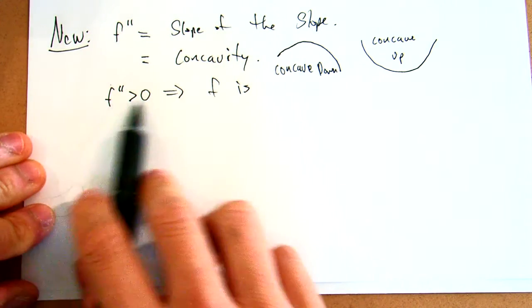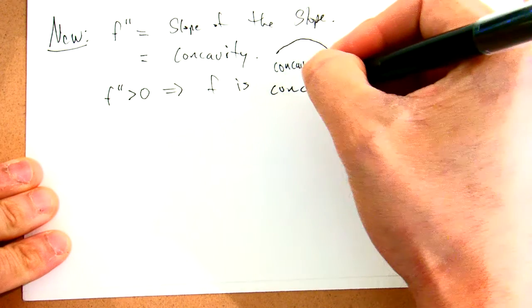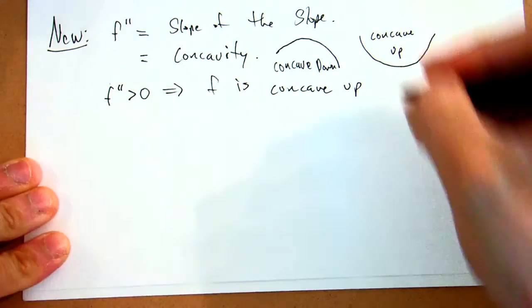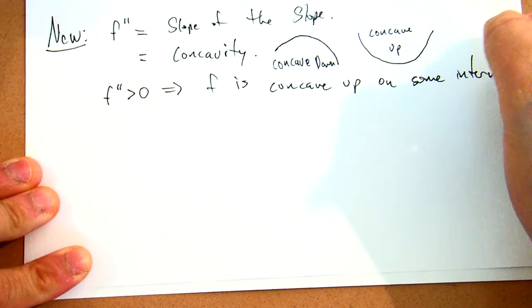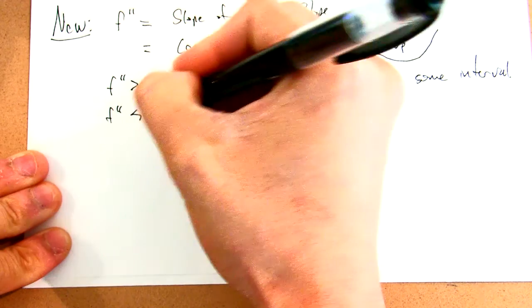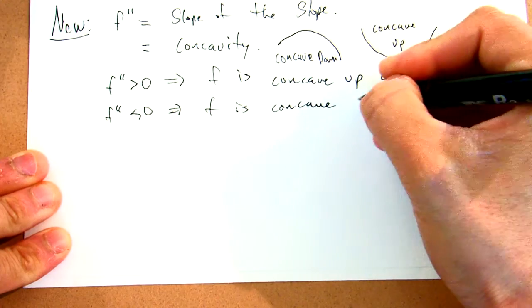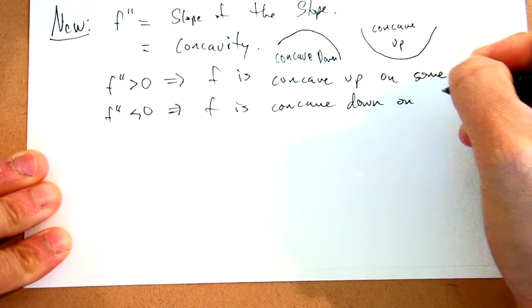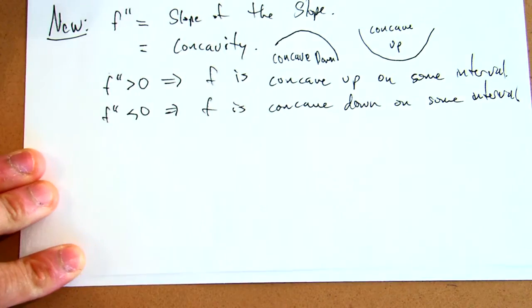And so if f double prime is greater than 0, this means f is concave up on some interval. If f double prime is less than 0, this implies f is concave down on some interval.